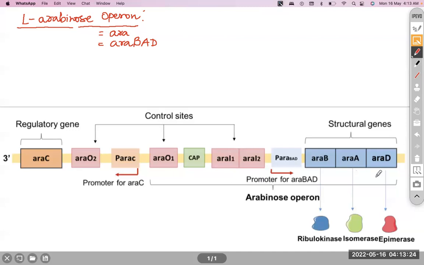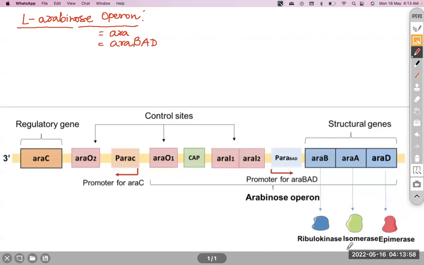Because when arabinose is available in the medium, only then these genes will be transcribed. Otherwise, there is no requirement for the genes to be transcribed. Suppose there is high sugar in the medium, so sugar will be directly utilized for energy production. So no arabinose is required to give energy.